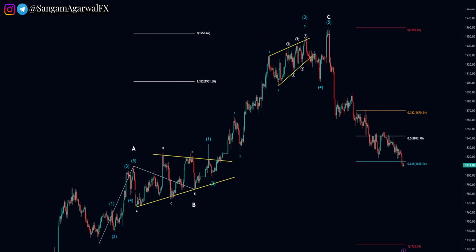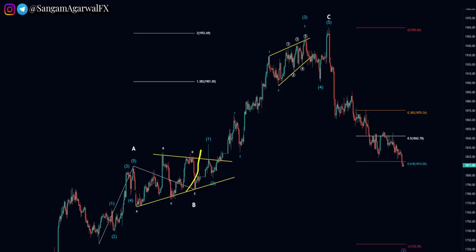So after understanding this ABC wave, we now know that next level wave counting starts from this low. Then we start our wave counting. We call it impulsive wave 1, then correction wave 2, our third impulsive wave, then correction fourth wave, and final wave 5.